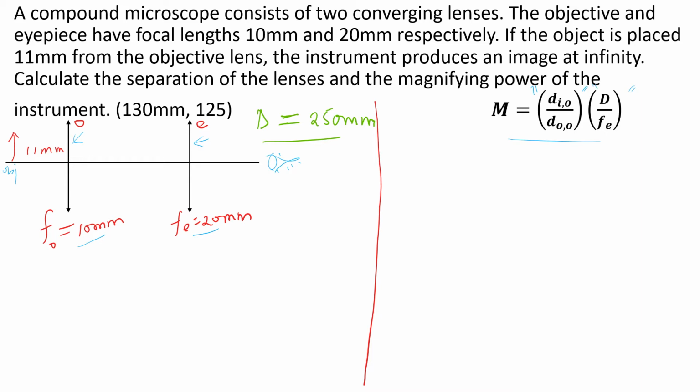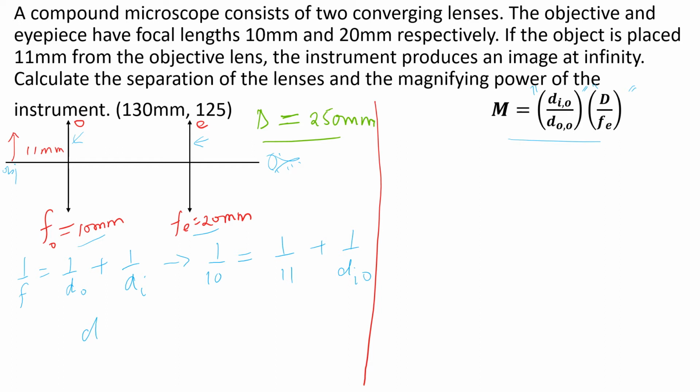So we shall have to first find the distance of the image for the objective lens from 1 over F equal to 1 over D object plus 1 over D image. So this implies that 1 over 10 millimeters is equal to 1 over 11 plus 1 over D of the image for the objective.